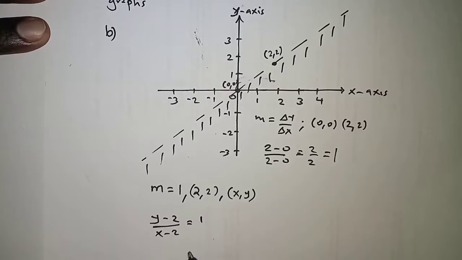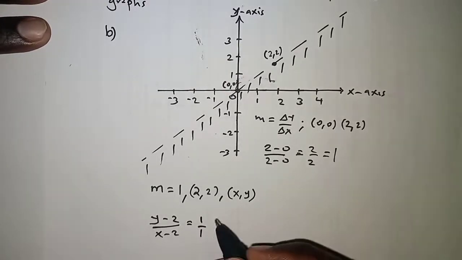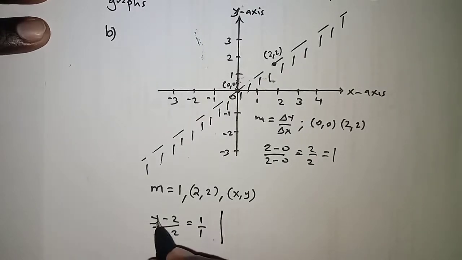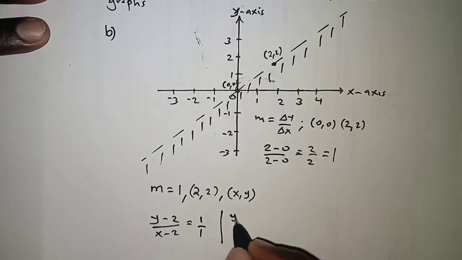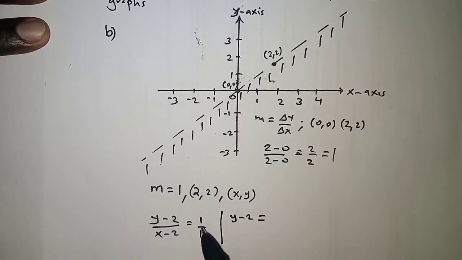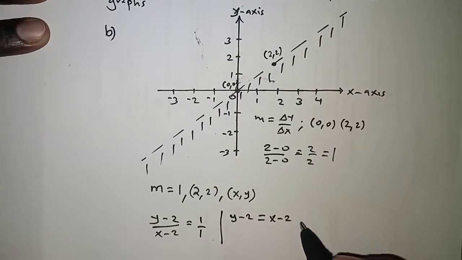For the sake of cross multiplication, I will write 1 as 1 over 1, and that gives y minus 2 times 1 is y minus 2, which should be equal to x minus 2 times 1, that again is x minus 2.